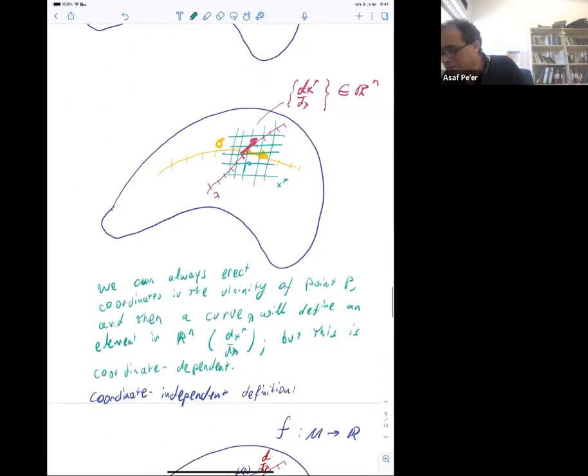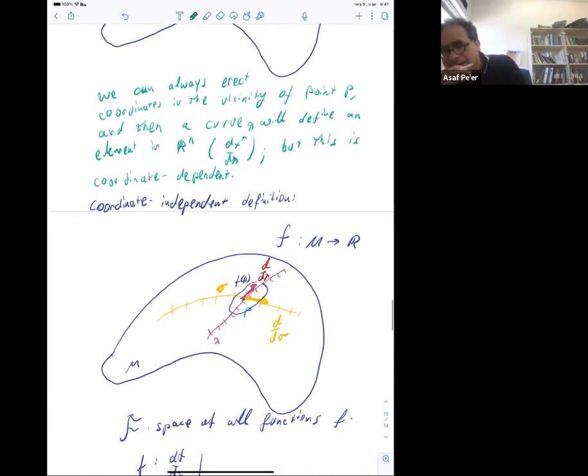So the way I choose to do it: rather than simply look at coordinates, I can look at the general abstract space of functions from M to R. A coordinate is a function from M to R when you think of it. When I say a coordinate in space, what I really do is assign numbers to a point in that space.